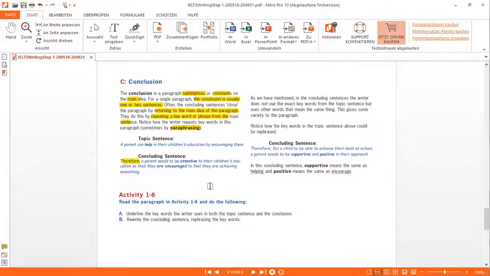And one thing that is not stated here, but is actually implicit, is that when we read this concluding sentence, we'll see the word therefore. The word therefore actually introduces an effect, an impact, or a consequence, whatever you want to call it.